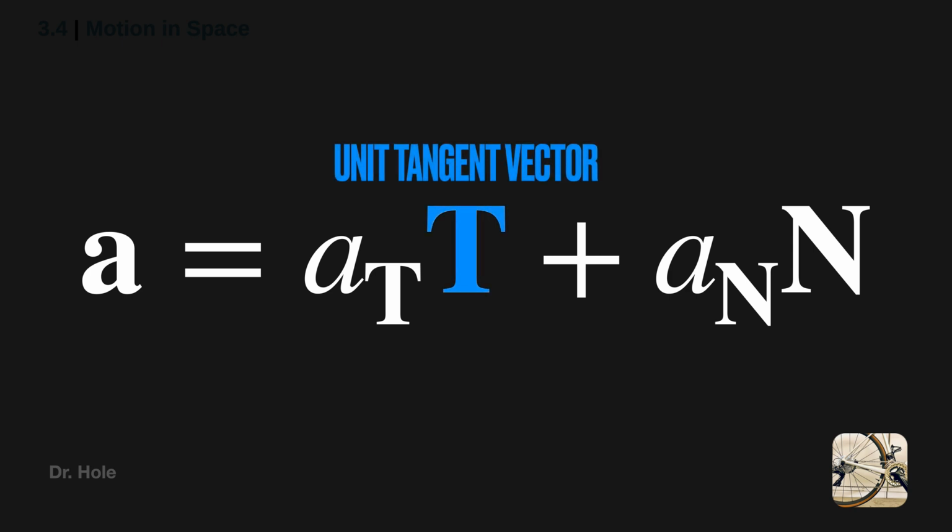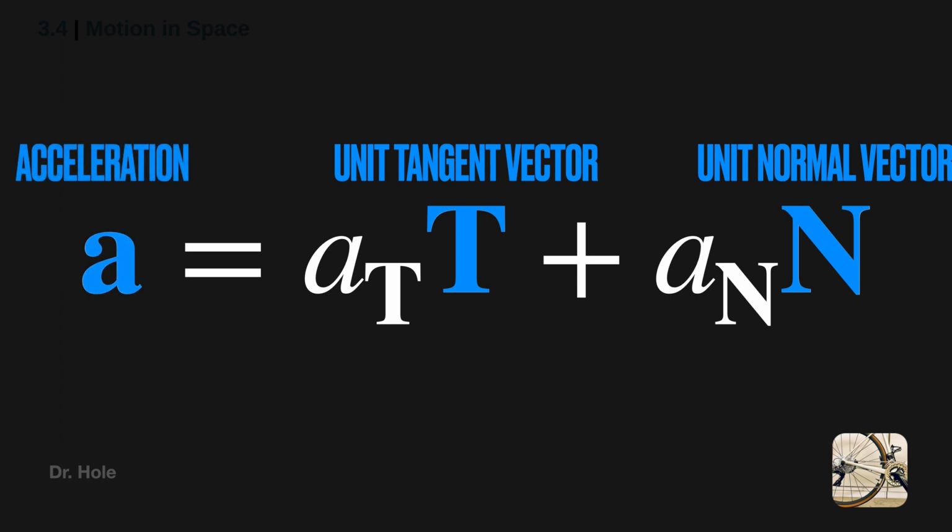We had velocity. Velocity normalized produces the unit tangent vector. We know from a previous video that orthogonal to the unit tangent is the unit normal vector. This equation is showing that the sum of the vectors on the right produces the vector on the left, namely acceleration.